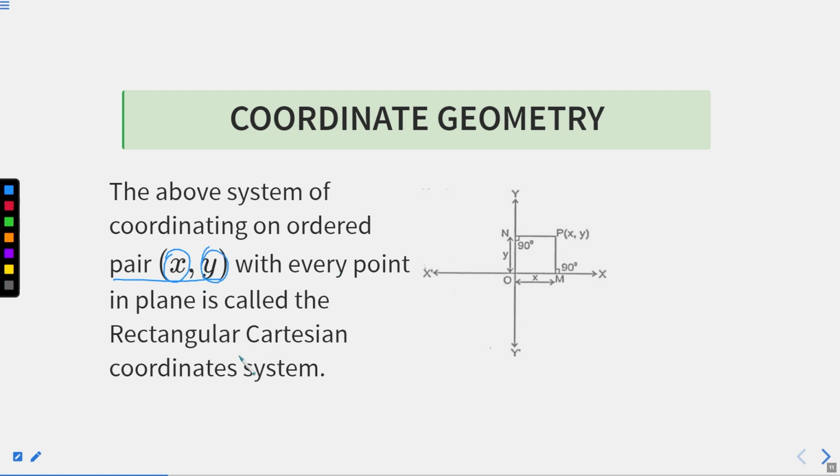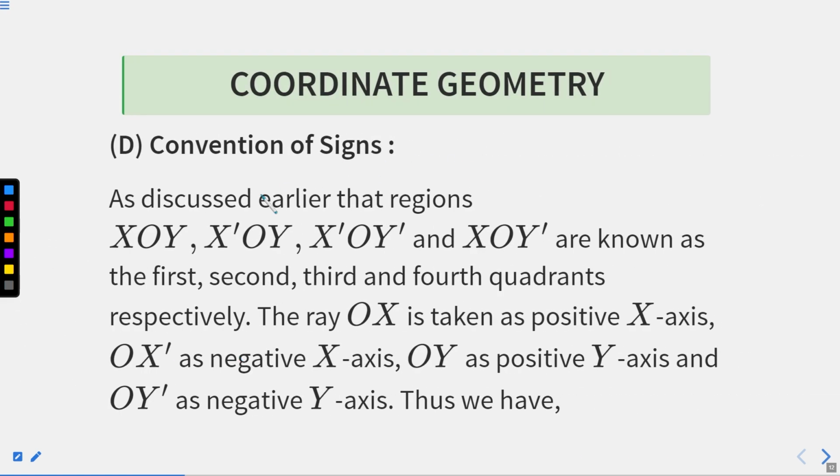Okay, now the convention of signs. If you remember, the X'OX and the Y'OY lines break our plane into 4 quadrants: the first quadrant, the second quadrant, the third quadrant, and the fourth quadrant.